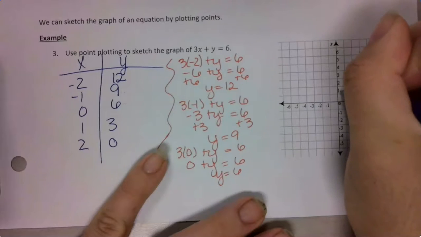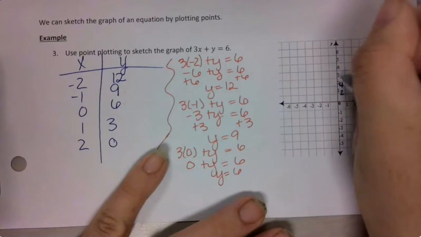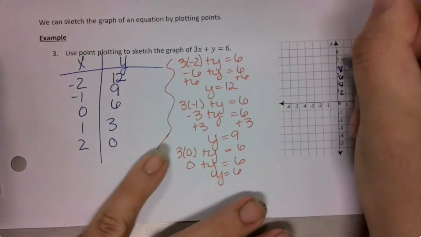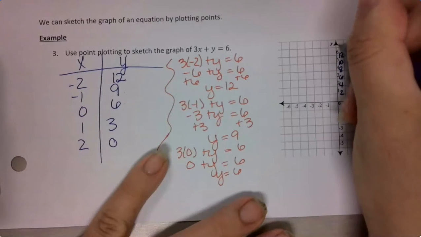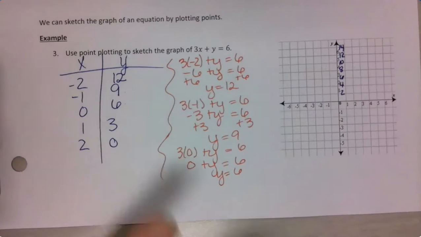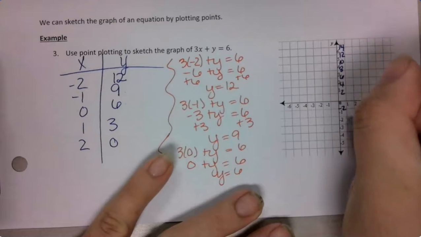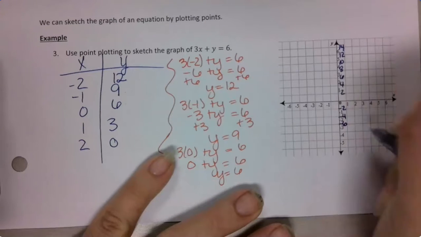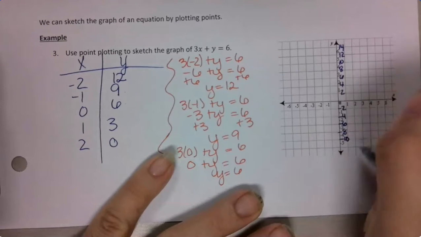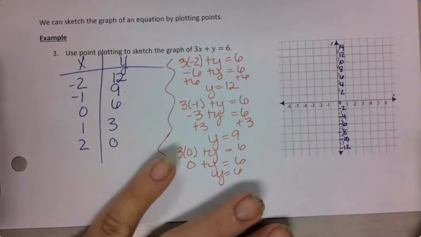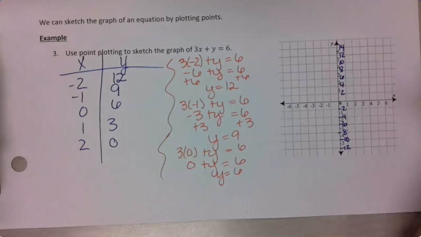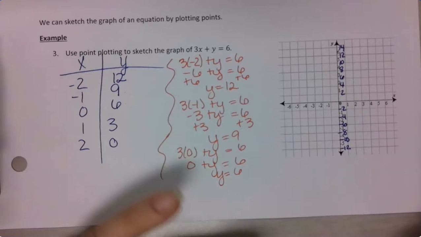So instead of counting by 1s, I'm going to count by 2s. Okay, then I want to plot my points.